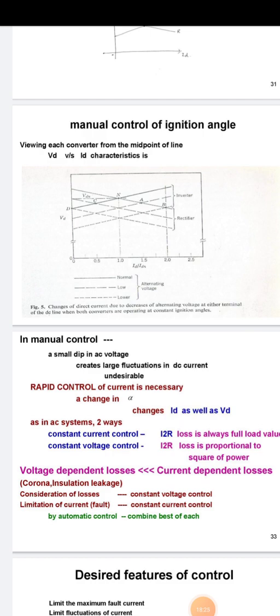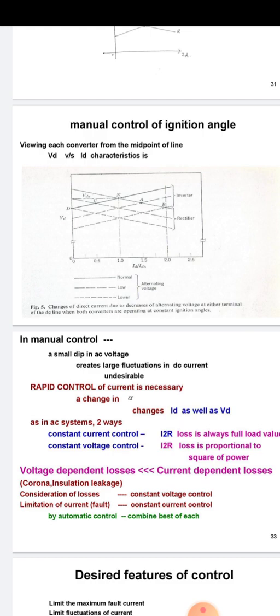A change in the alpha value: while the alpha value changes, ID as well as VD can change. As in an AC system, with two ways: in constant current control, the I square R loss is always at the full load value. Then in constant voltage control, the I square R loss is proportional to the square of power.